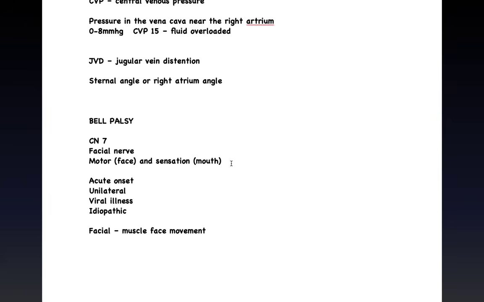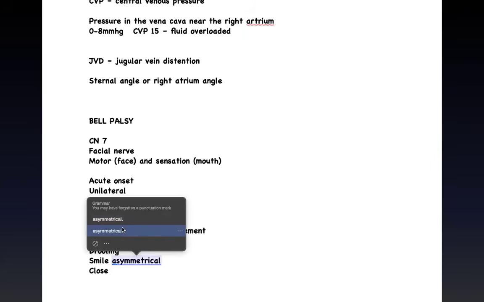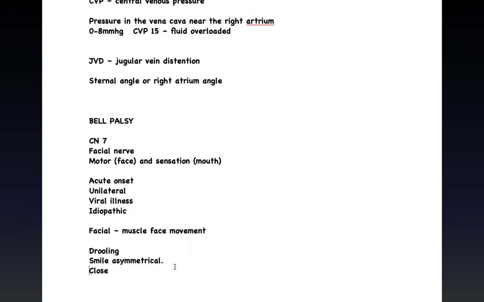Therefore, you can move that side of the face. You can have facial droop. Your smile is asymmetrical, right? You cannot close your eyes because your muscle is involved in closing your eyes. So you won't be able to close your eyes.